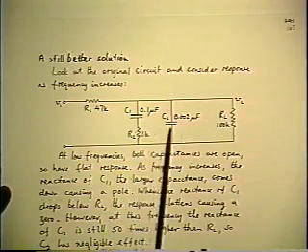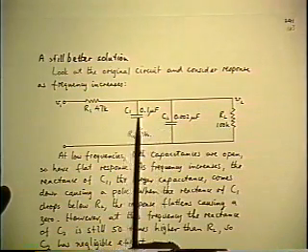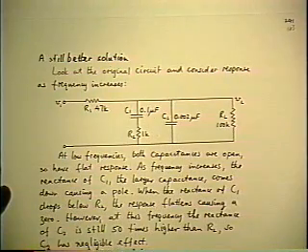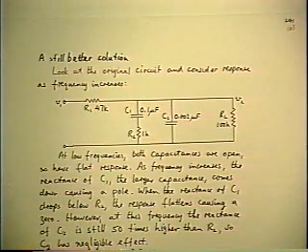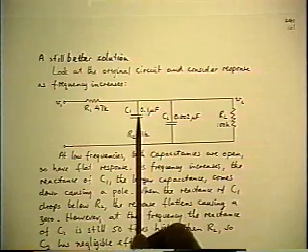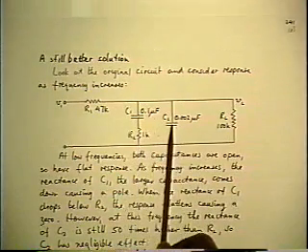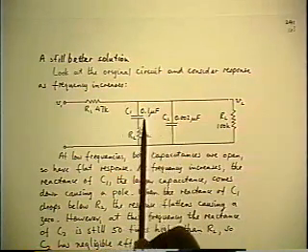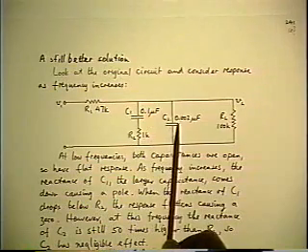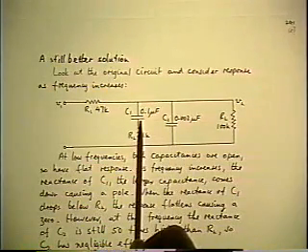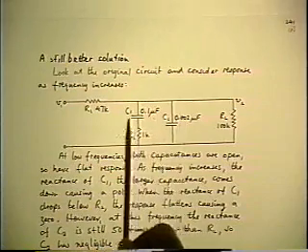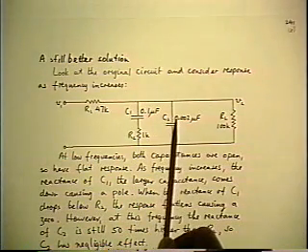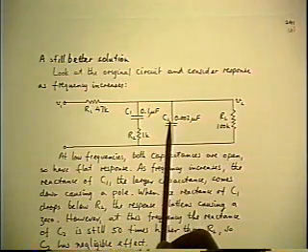As frequency increases, the reactances of the two caps start to come down from infinity. As the reactance comes down, because C1 is 50 times bigger than C2, the reactance of C2 is 50 times bigger than that of C1. So even though they're effectively in parallel, the C2 isn't doing anything.